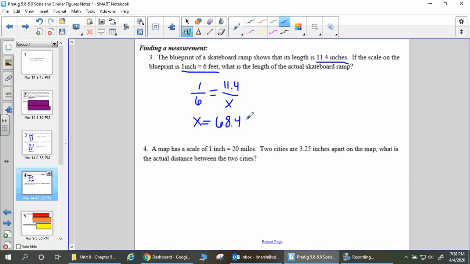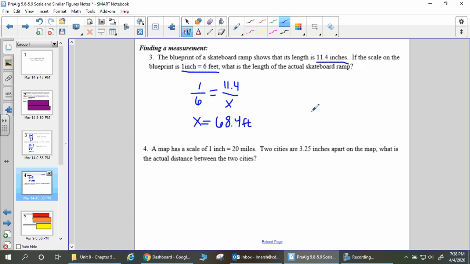And then make sure that we label it with a unit, in this case, feet. If you put the 1 in front of your x, you could divide both sides by 1, but because it's a positive 1, it doesn't matter, we're going to get the same answer. So if you want to try number 4, go ahead and hit pause.